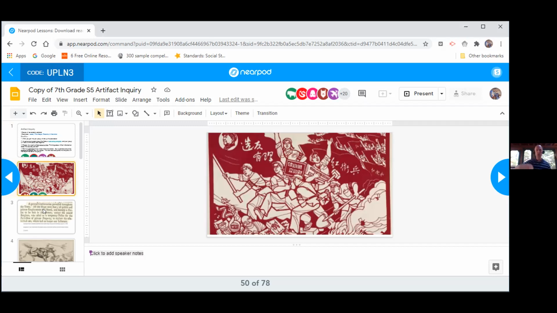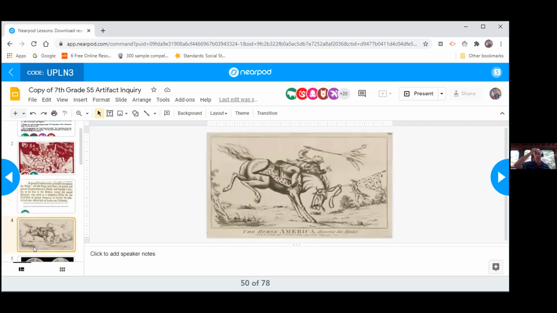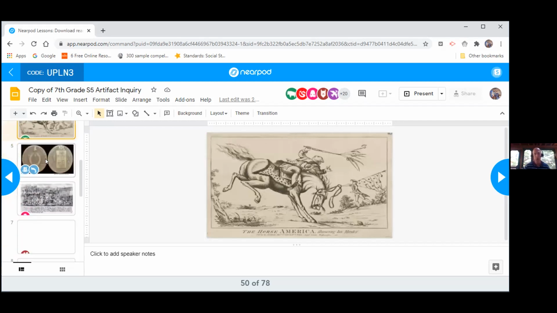The Chinese says it's old ideas, old culture, old customs and old habits. So that would be a revolution. The second one is from the French Revolution, a scene from Paris. The third one was the American horse. The rider was George III, and this was the American Revolution.